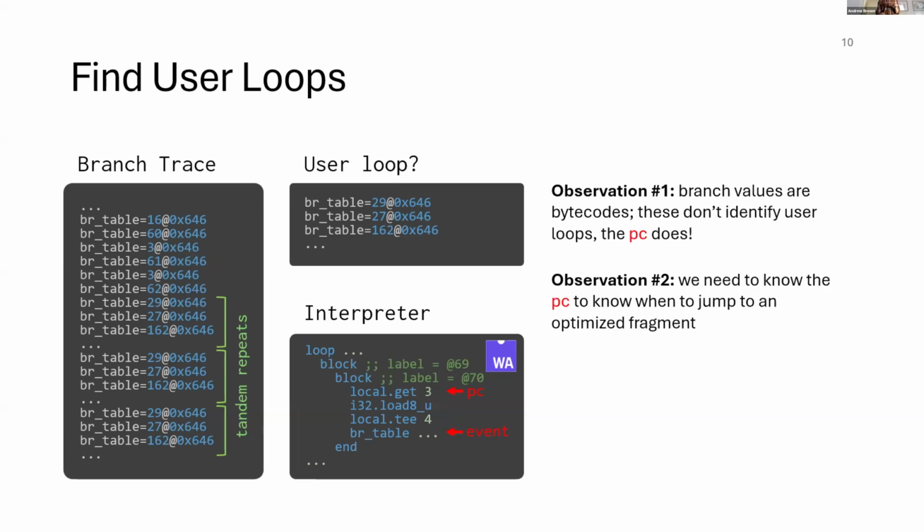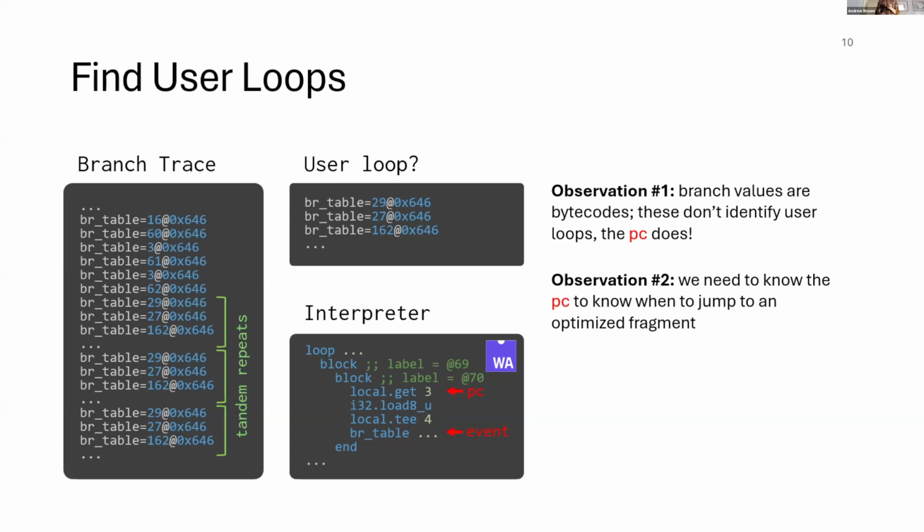So, two observations. In bytecode interpreters, the user loops are identified by the PC, not just by this branch table value. And so we need to know this PC to know when to jump into an optimized fragment when we're getting into a user loop situation that we have an optimized fragment for. The key here is to correlate this PC variable to an event. We have the branch table instruction down below, but the PC is actually sitting in this local.